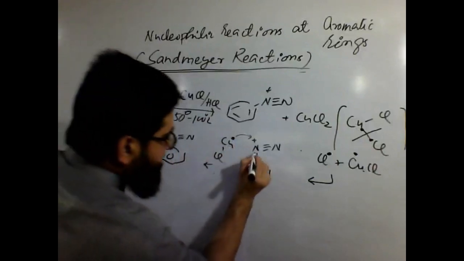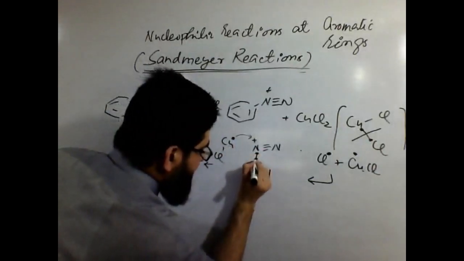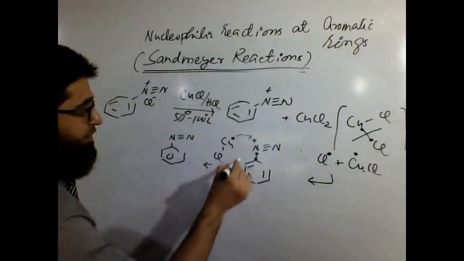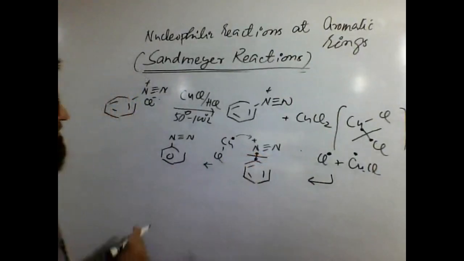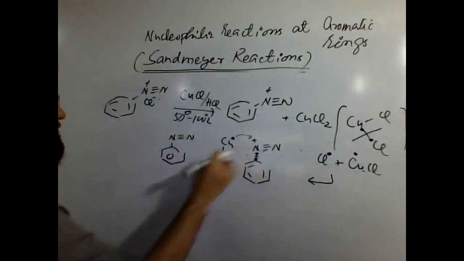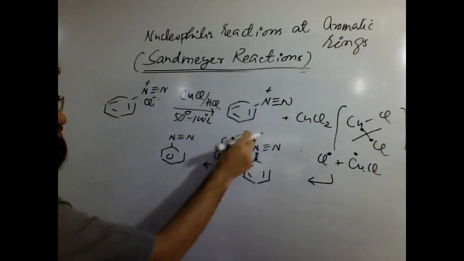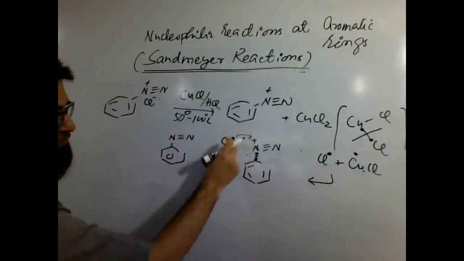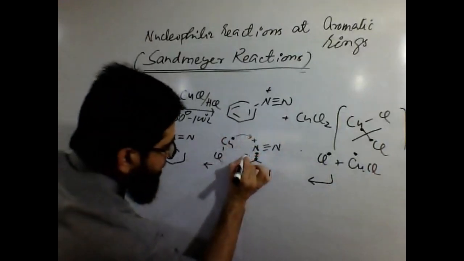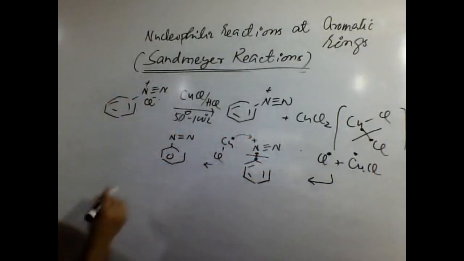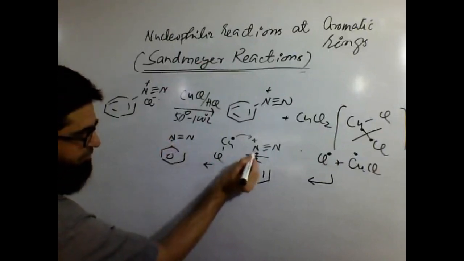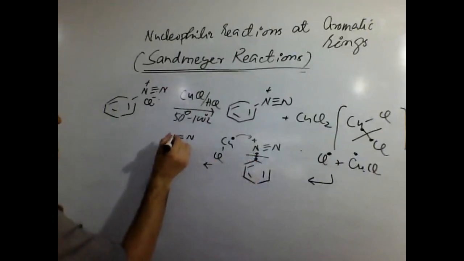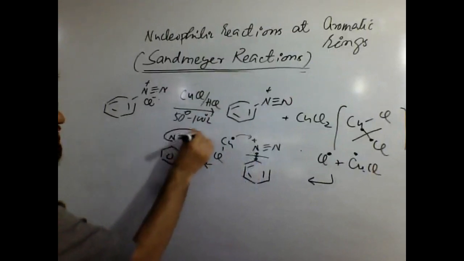What happens? The bond between carbon and nitrogen also undergoes homolytic cleavage from here as well. As soon as one of the electrons moves from copper to here, it undergoes a cleavage there as well. The nitrogen receives its own electron from the bond and moves out as a neutral entity, nitrogen.